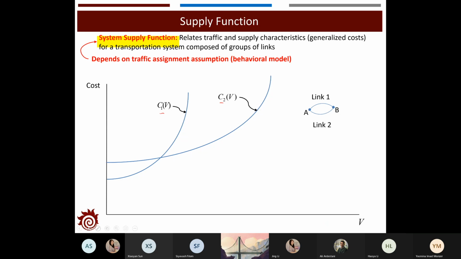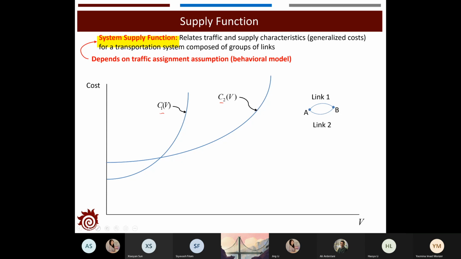In the traffic assignment assumption, we will assume there's a user equilibrium. In the user equilibrium, we always assume that all the users will be selfish. They will always take the route with the smallest cost.